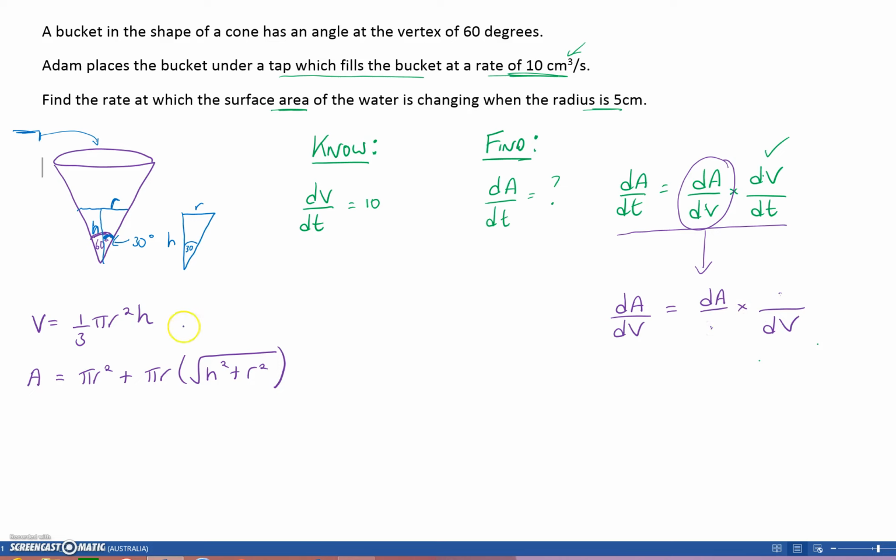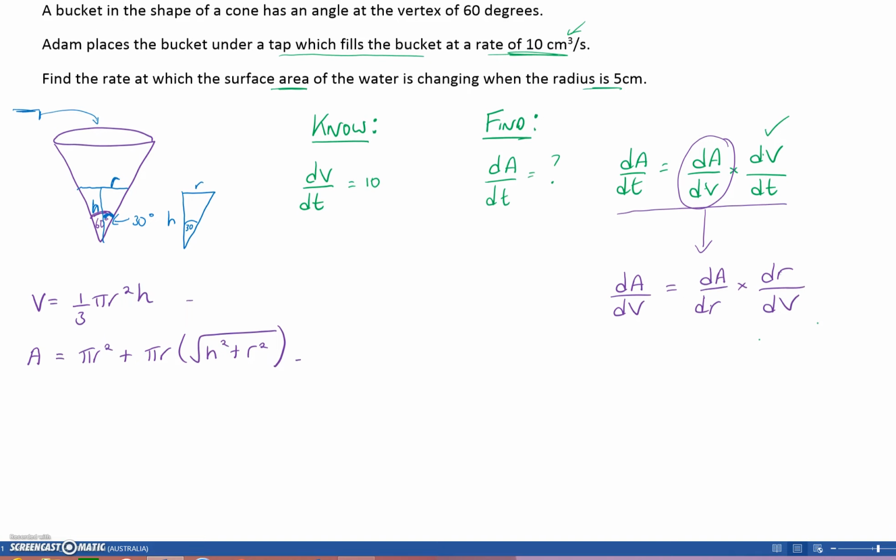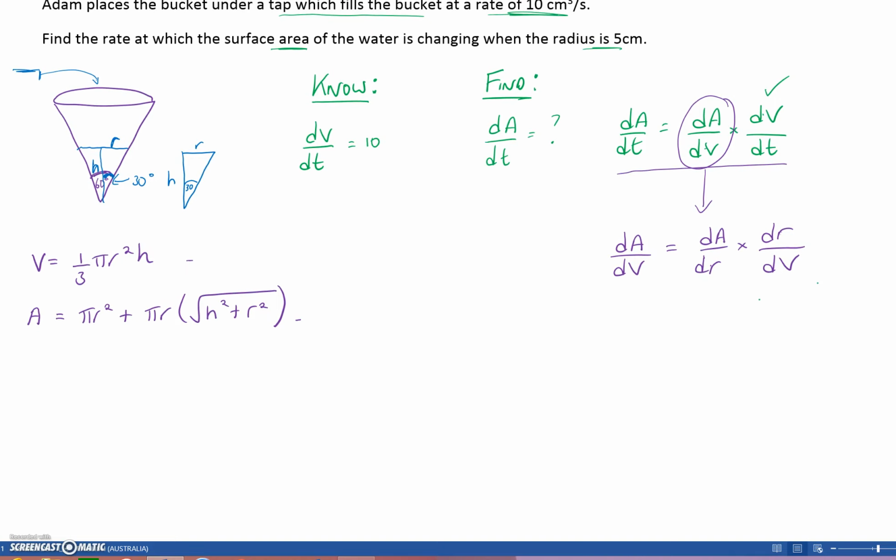When I look at the two formulas, I've got volume in terms of possibly radius or height, and area in terms of radius or height. So if I rearrange those expressions just in terms of radius, I would potentially be able to find dV/dr and dA/dr. And that's my aim. Both of these expressions, if I replace them with a variable of just r, so in other words, look for something that I can replace h with in terms of r.